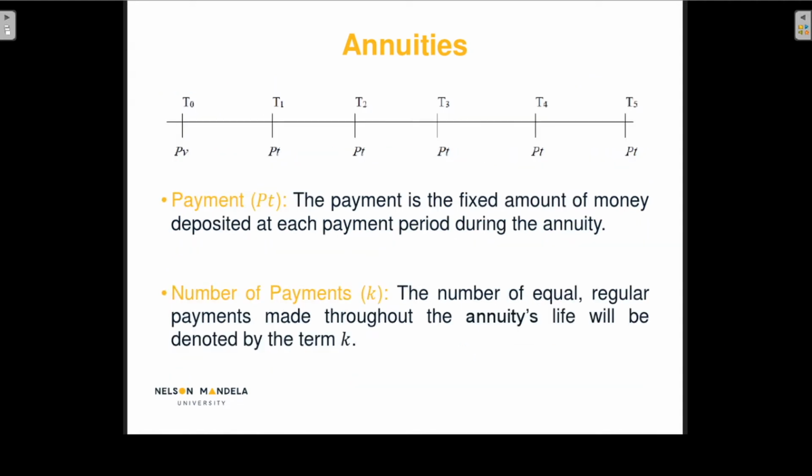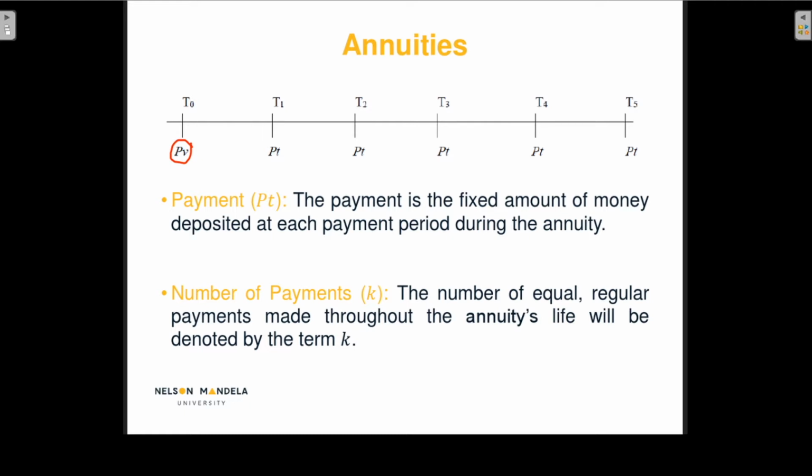Then payments, which we will abbreviate with PMT, the payment is the fixed amount of money deposited at each payment period during the annuity. The number of payments, K, is the number of equal regular payments made throughout the life of an annuity. So if you look at the timeline on this slide, we have our present value, the lump sum of money secured in the beginning.